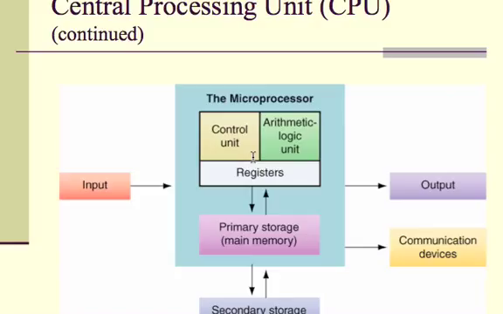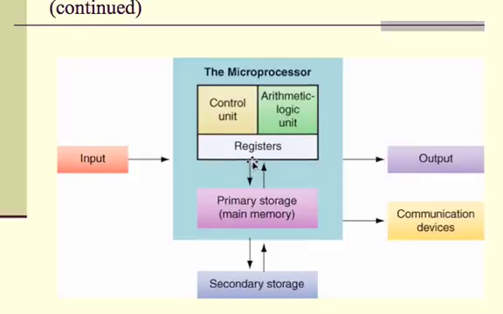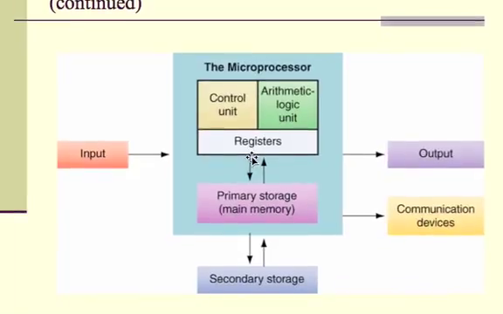Let me scroll down to the picture here of the central processing unit. This is, as I said, an image of basically how every computer that's ever been built operates. You've got some input request from the outside of the computer. The white box would be the computer, the blue box is the actual processor.